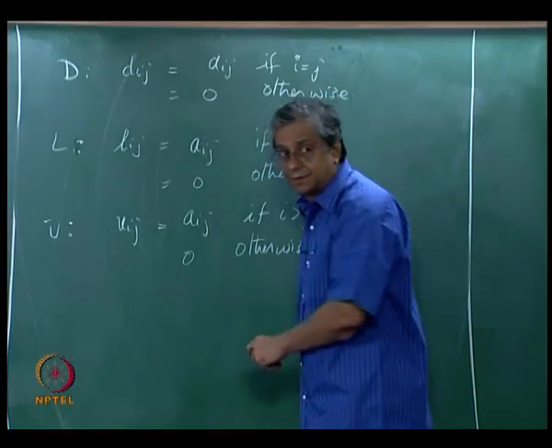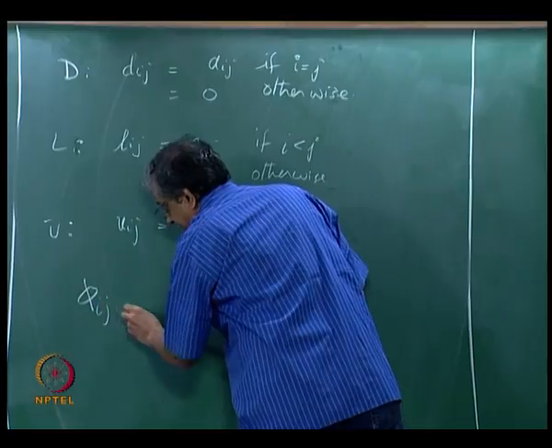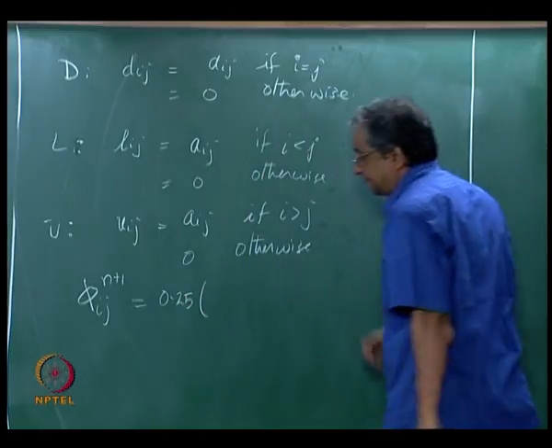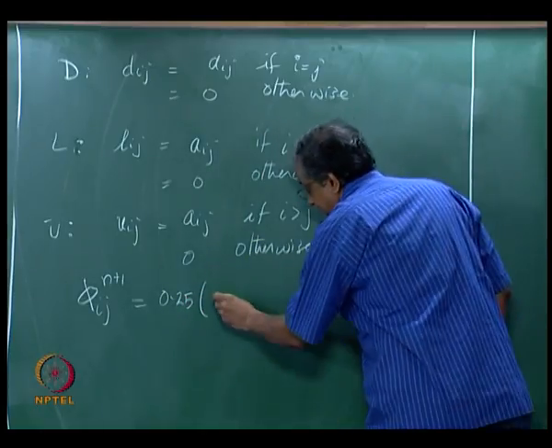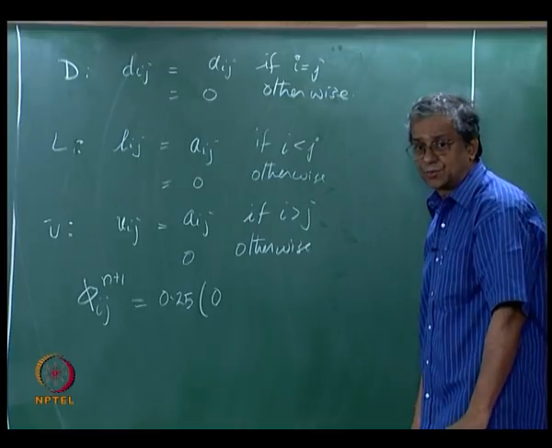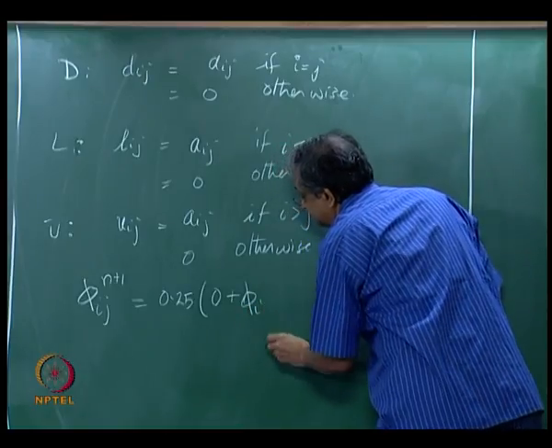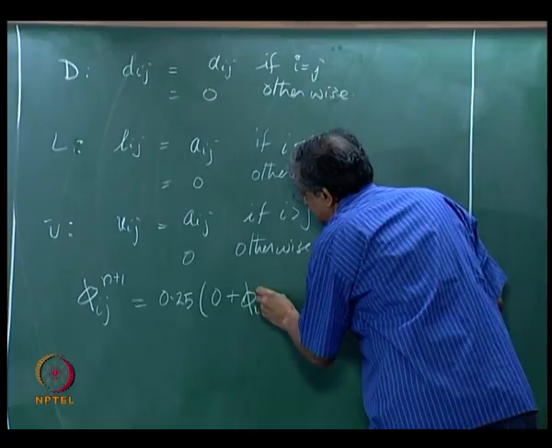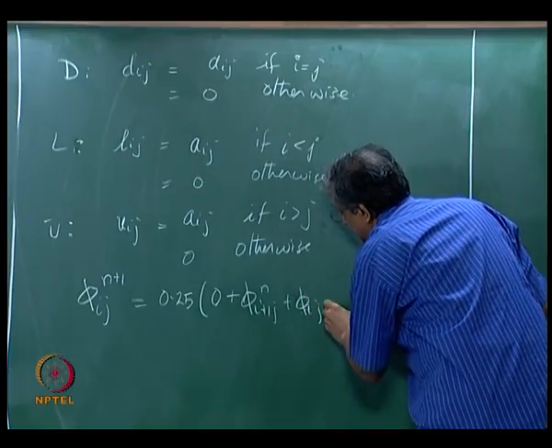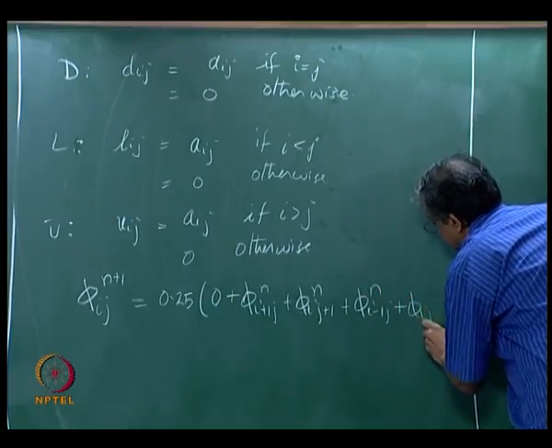When we were doing the regular Jacobi iteration for the Laplace equation, phi ij at n plus 1 is 1/4 times, I will write a 0 here, which was the right hand side of the equation, del squared phi equals 0, plus phi i plus 1 j n plus phi i j plus 1 n plus phi i minus 1 j n plus phi i j minus 1 n.